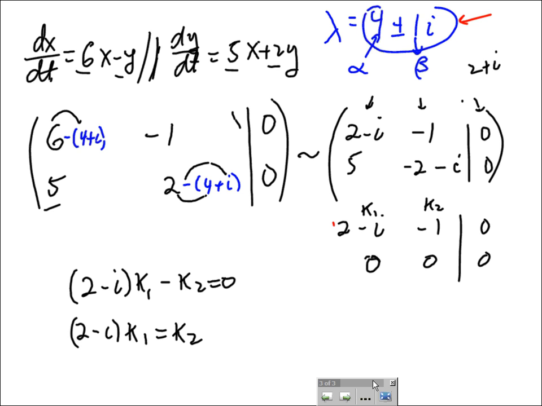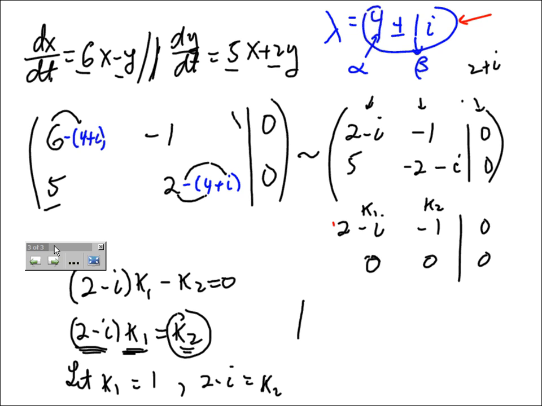We have that. Now, you pick a value. Let K1 be 1. Let the complicated side take on a value. This is simple. It's K2. Well, if that's K1, then 2 minus i times K1, which is 2 minus i times 1, which is 2 minus i, it equals K2.